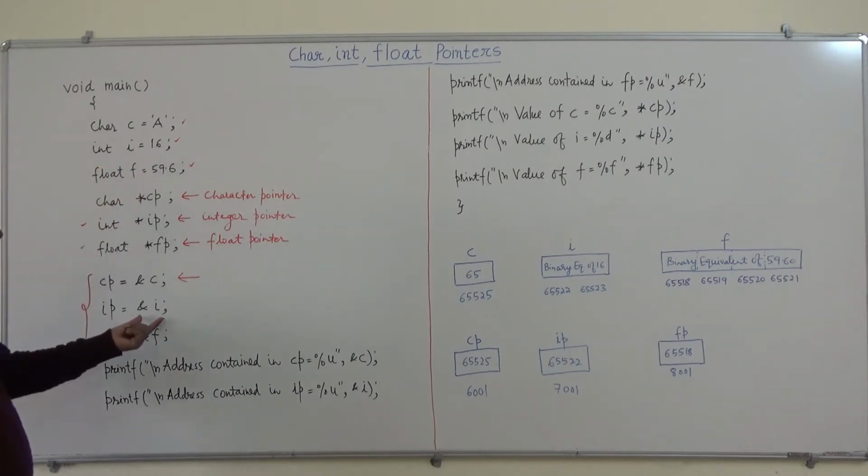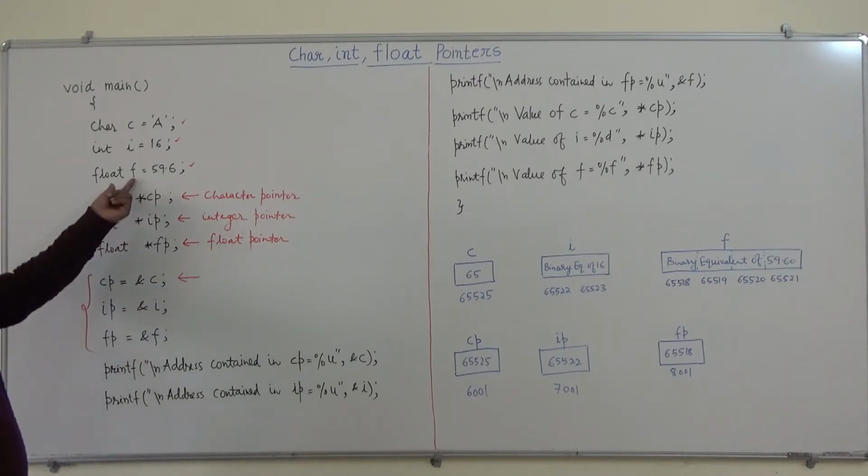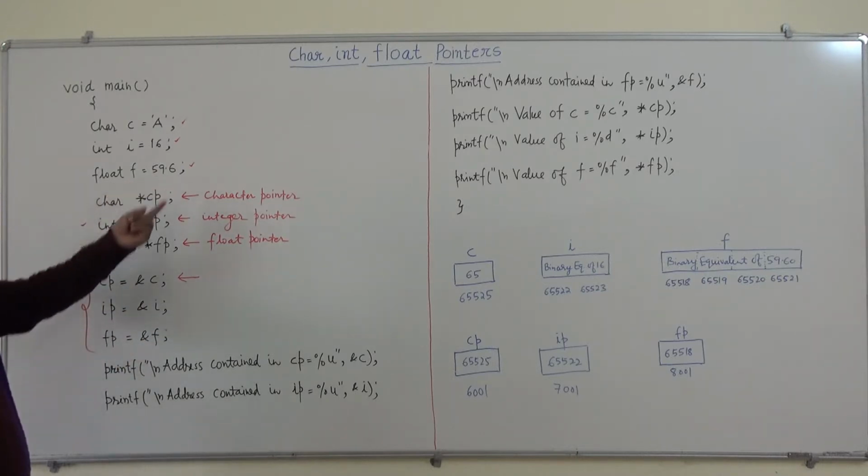Then FP equals to ampersand F. It means it will hold the address of this float variable, its value is 59.6.